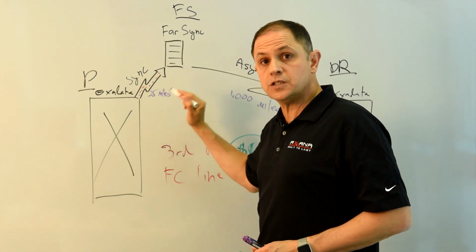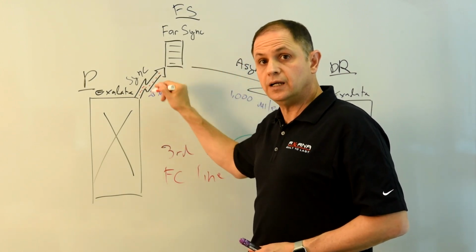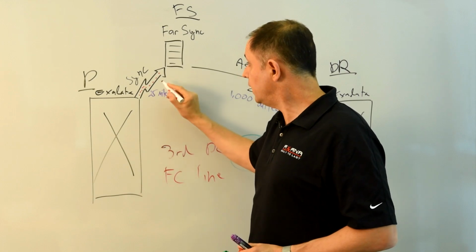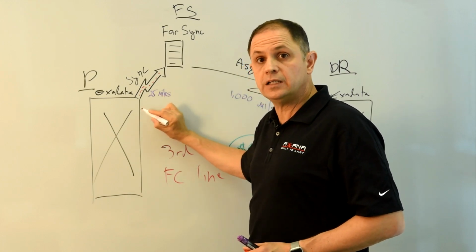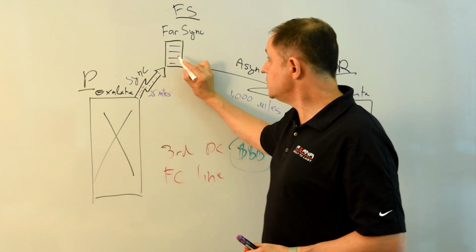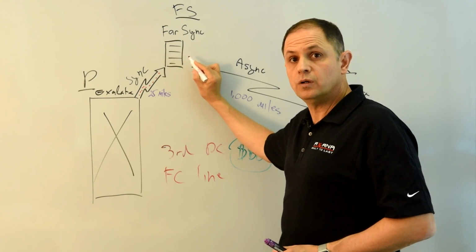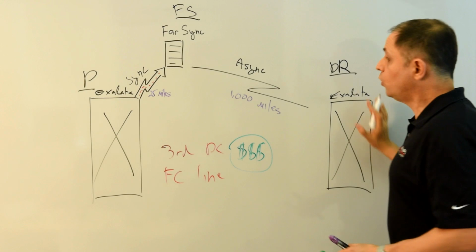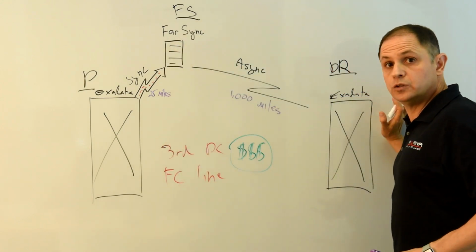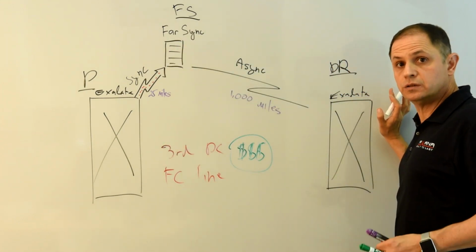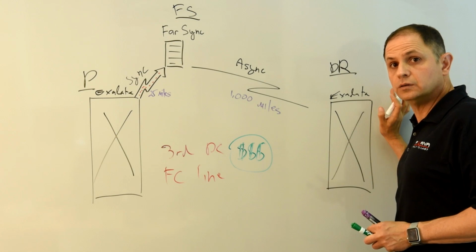If there is a slight delay, a slight hiccup on that line, and then you have a disaster, then this FarSync instance is not zero data loss anymore. Then this whole scenario turns into a regular data loss asynchronous replication scenario.